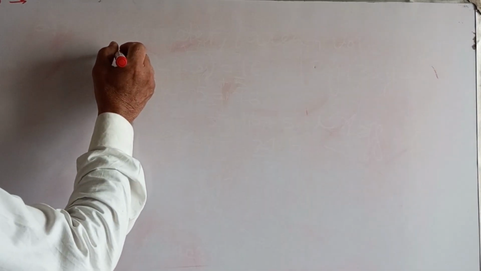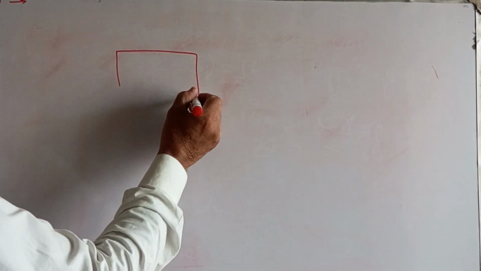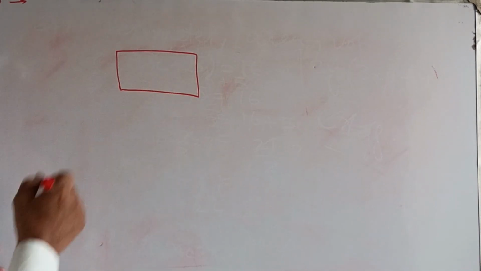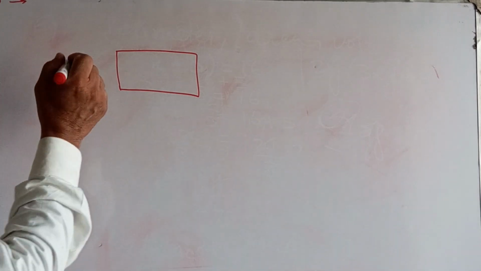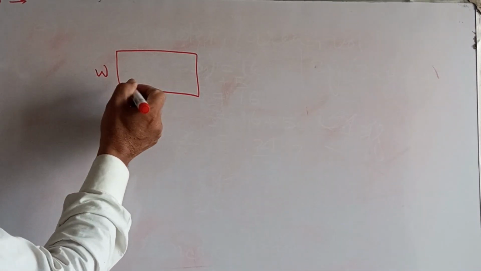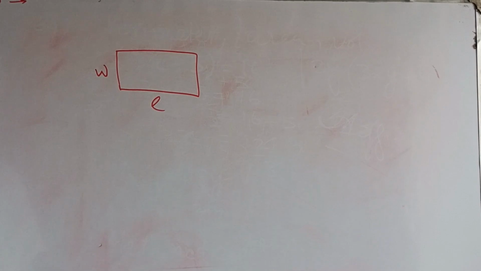Now the board is rectangular, so you can say it is a perimeter. This is a rectangular figure, two dimensional. This is of course width or breadth, and this is called length.